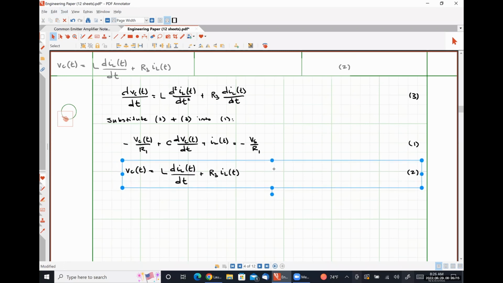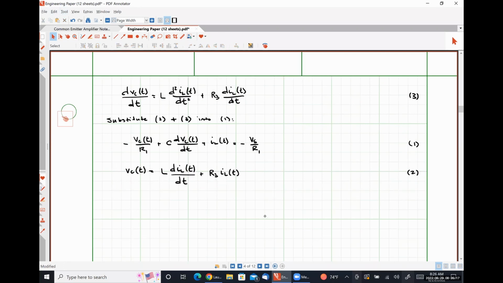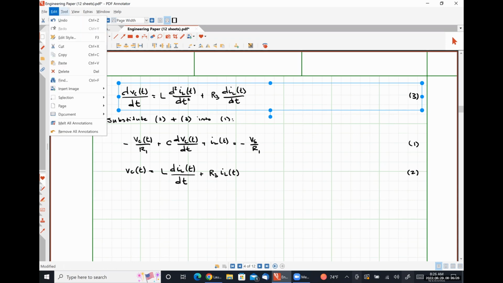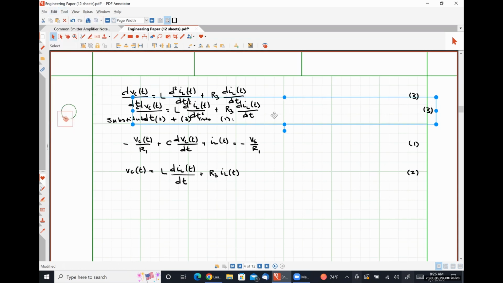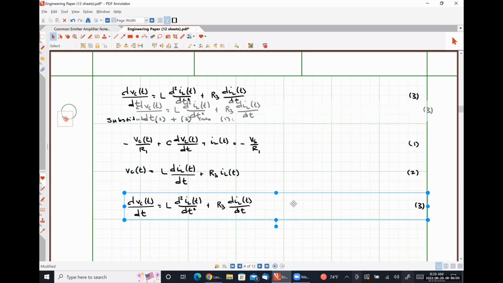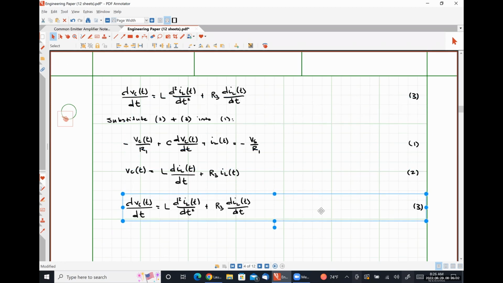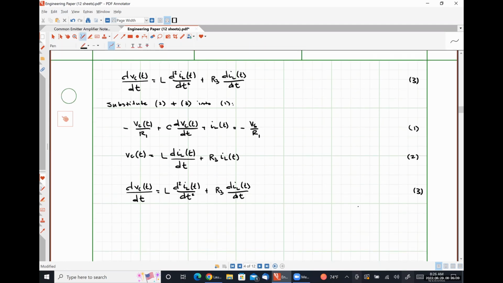Here's equation 2. And here's equation 3. All right, so I moved them all here so I could just see them while I'm doing my algebra.